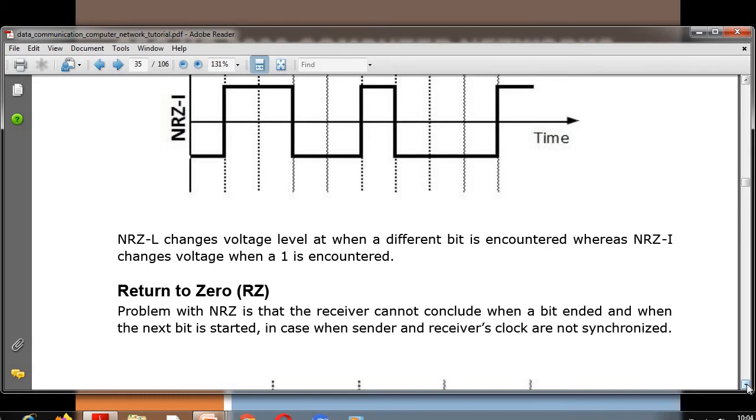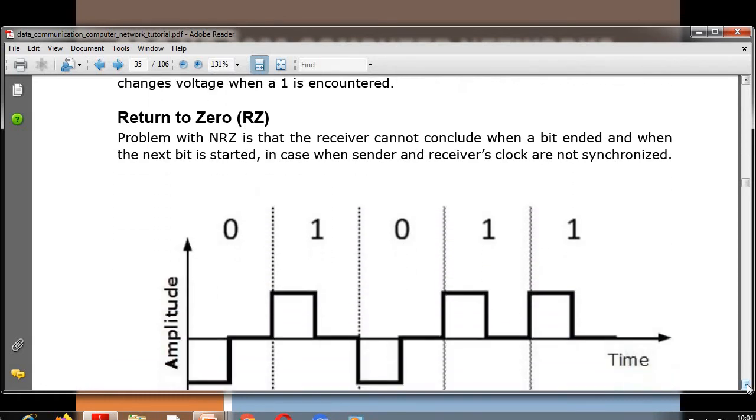So now return to zero. The problem with non-return to zero is that the receiver cannot conclude when a bit ended and when the next bit started.